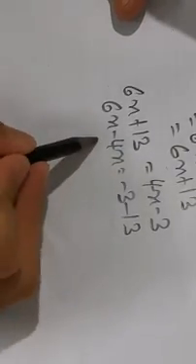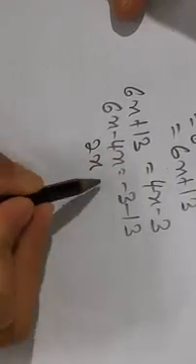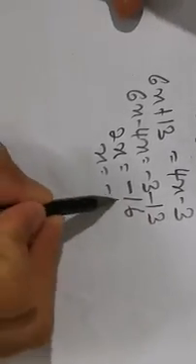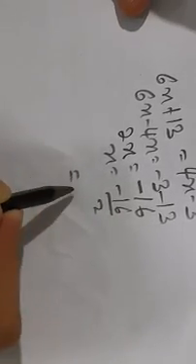So 6x minus 4x becomes 2x, equals negative 16. So x will be negative 16 over 2, which is negative 8. Okay, is there any more? Alright, we have finished question number 7.